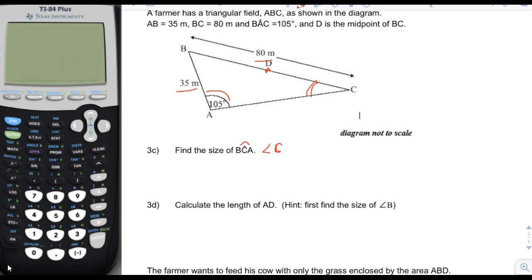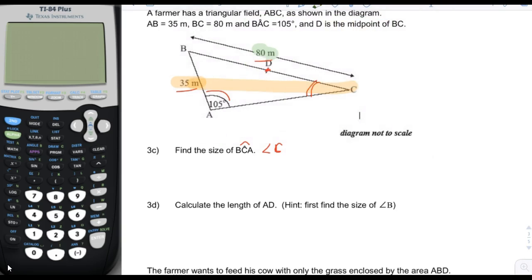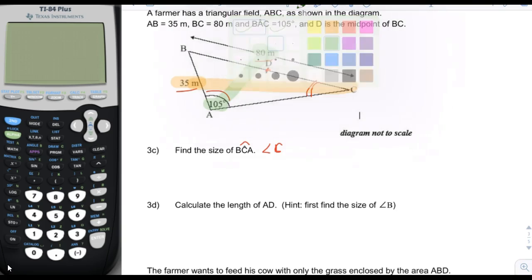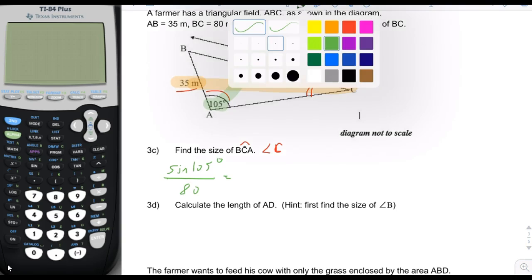Looks like we know here that those are a pair, those are an opposite pair, these are an opposite pair, and look at that, we know the green pair completely. If we know the green pair completely, we could use law of sines. So we're going to say, sine of 105 degrees divided by 80 is equal to the orange pair.